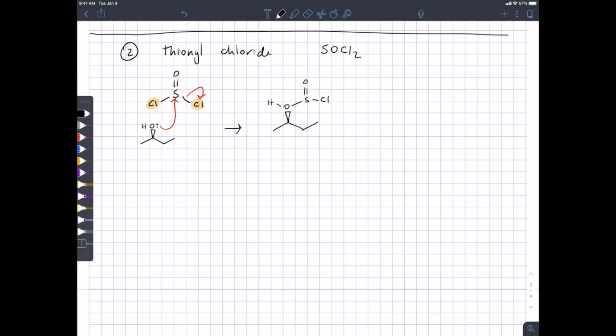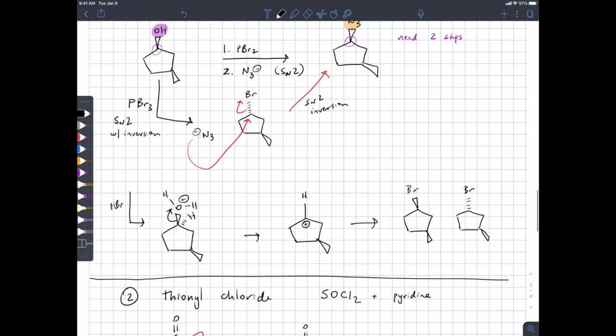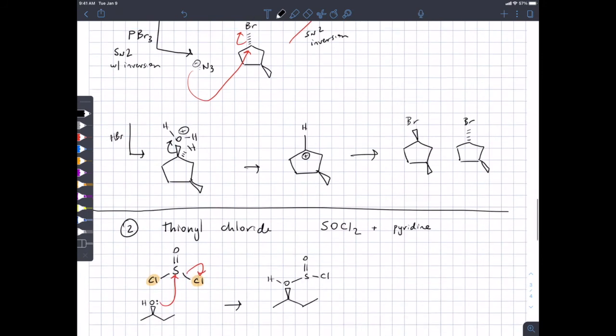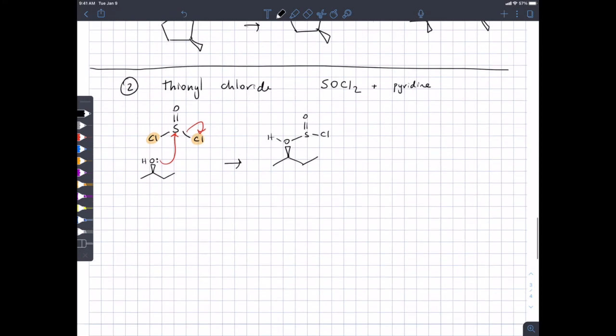Now, it turns out that in order to do this chemistry, typically you need to use a base. Why do you not need to use a base with PBr3? I don't know. Empirically, they found it wasn't necessary, but it did make the yield of the thionyl chloride reaction better.